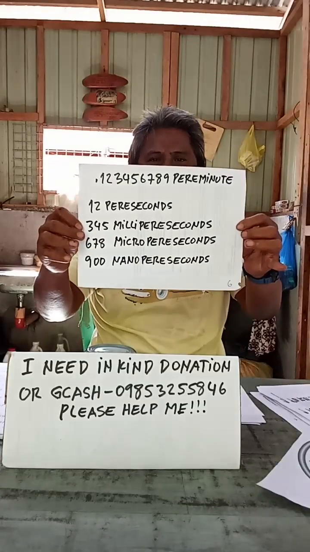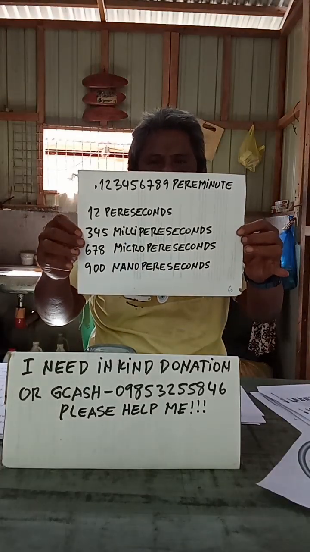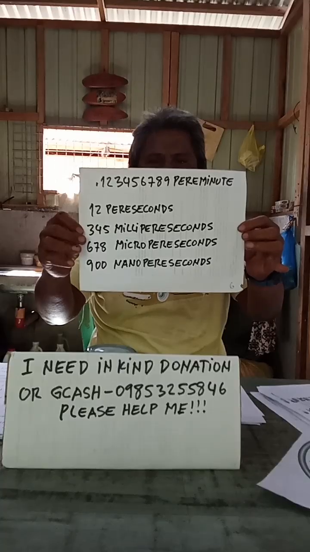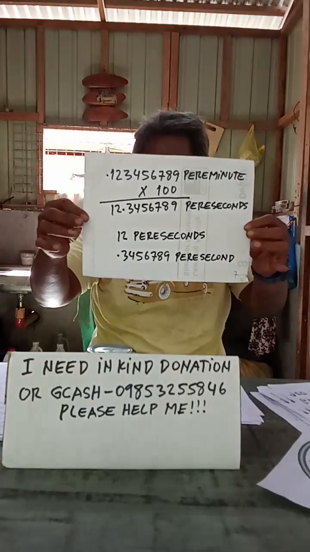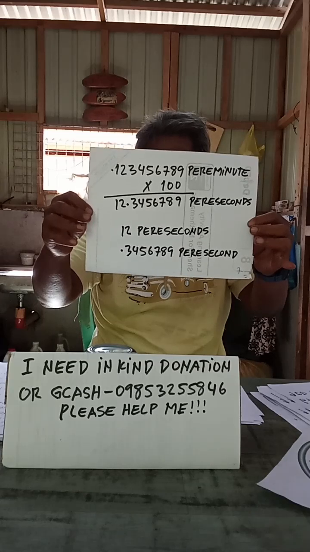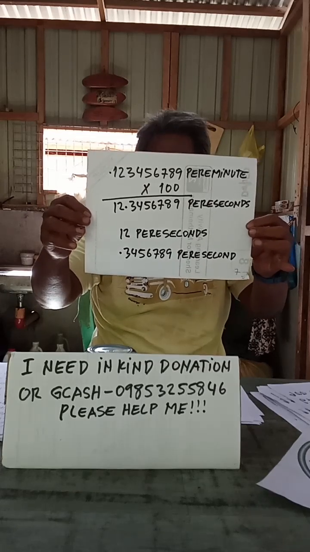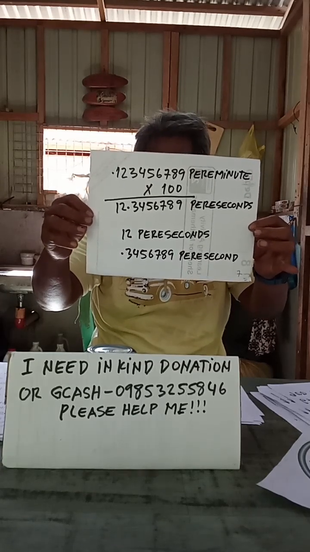So, why does this equivalent happen? Where does this equivalent come from? So, the explanation is this. The next smaller unit of time than per minute is per second. Then, 100 per seconds is 1 per minute.